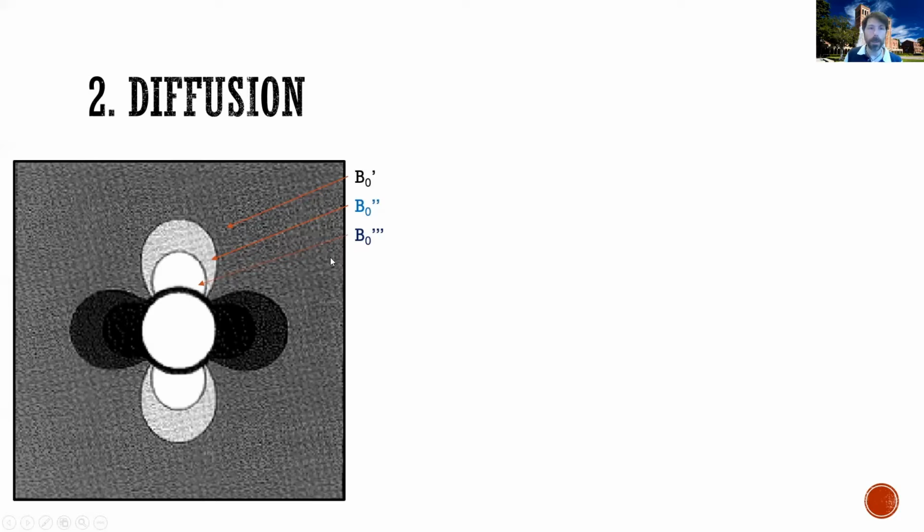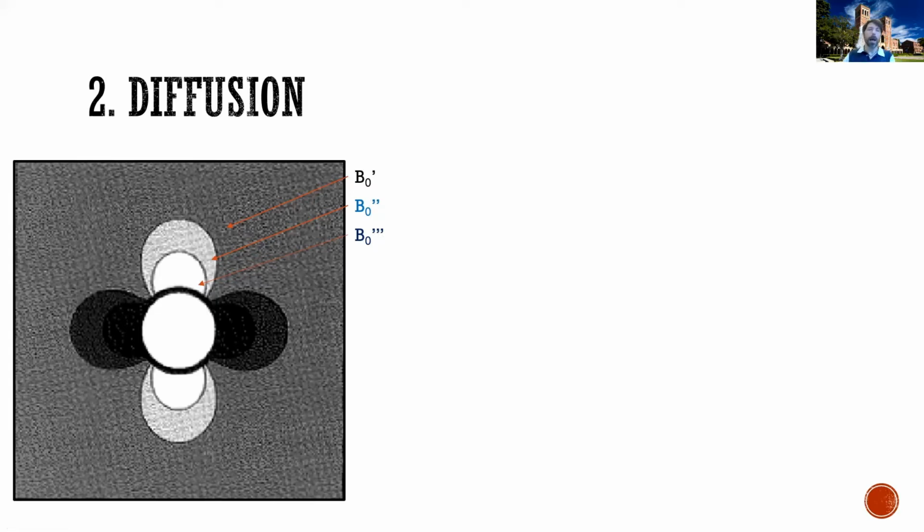I don't want to put numbers, but this could be 3 Tesla, this could be 3.00001 Tesla, and this could be 3.00002 Tesla, something like that. But to not have to put numbers, I'm just going to say B0 prime, B0 second, B0 third.